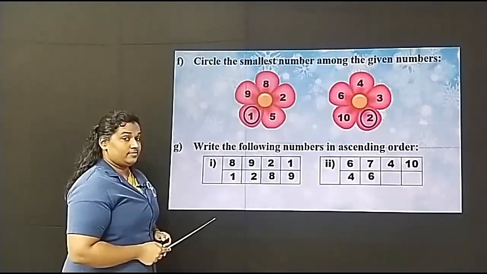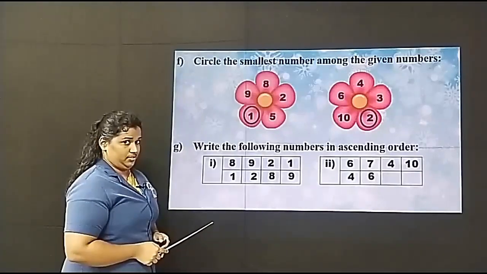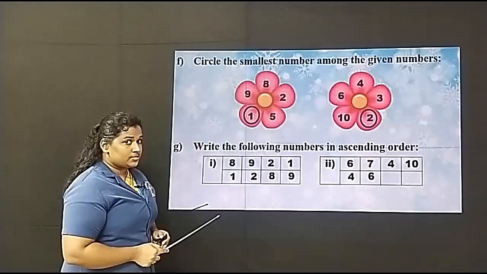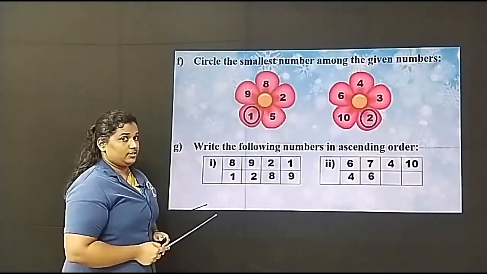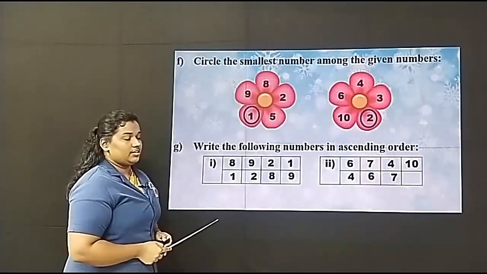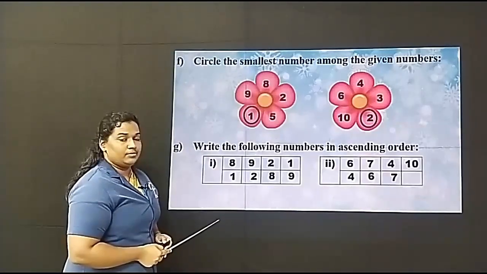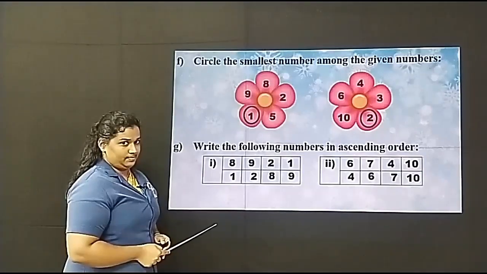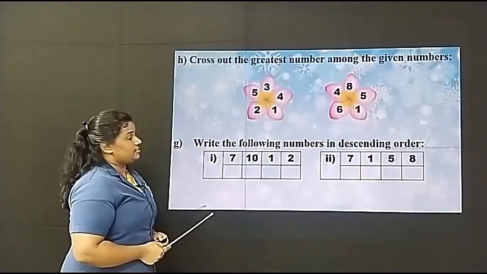Now we have 7 and 10. Among these two numbers, which number comes next in ascending order? Yes, 7 comes next. And at last, the greater number 10. Let's solve the next question.